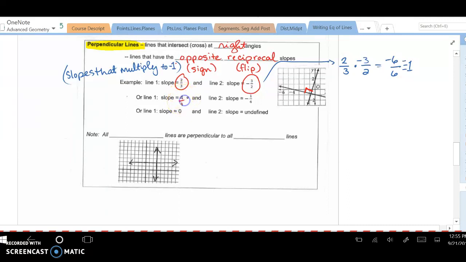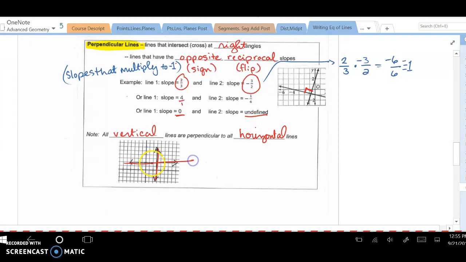So here again we have 4 over 1, -1 over 4. And just a reminder, 0 and undefined are considered opposite reciprocal slopes. Okay, last thing about perpendicular lines, all vertical lines are perpendicular to all horizontal lines.